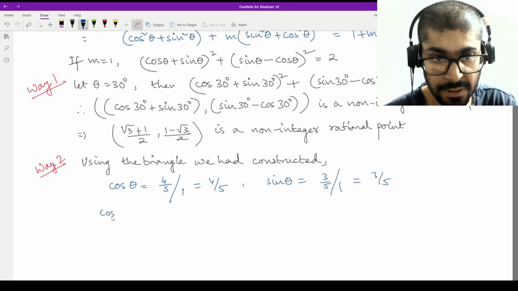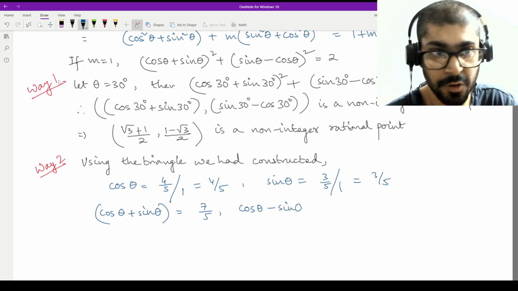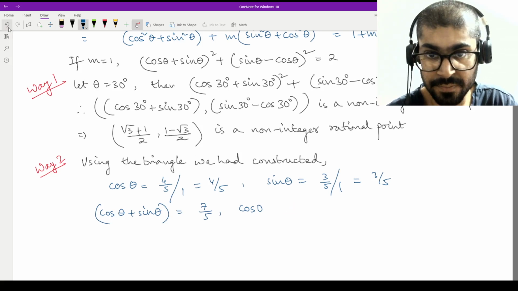Therefore cos theta plus sine theta, this one will give us 7 by 5, and cos theta minus sine theta, no, it's sine theta minus cos theta, right?